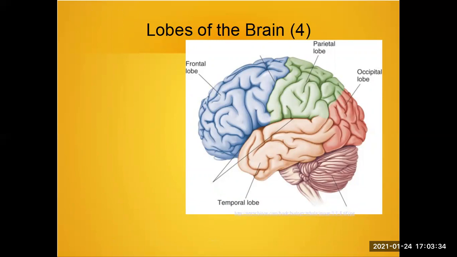Lobes of the brain. Let's remember: frontal lobe, parietal lobe, occipital lobe, and temporal lobe. But please remember about the insula and limbic lobe.